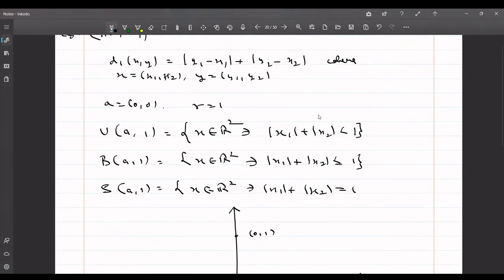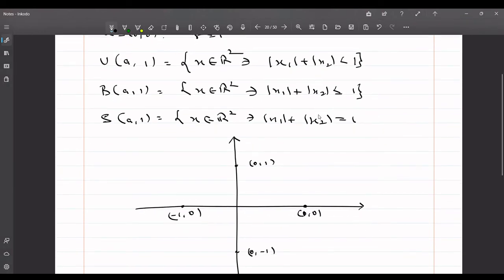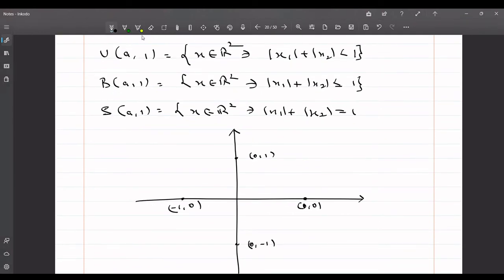And what are the equations of these particular lines? It is pretty much trivial. You people have studied these sorts of graphs at your +2 level.